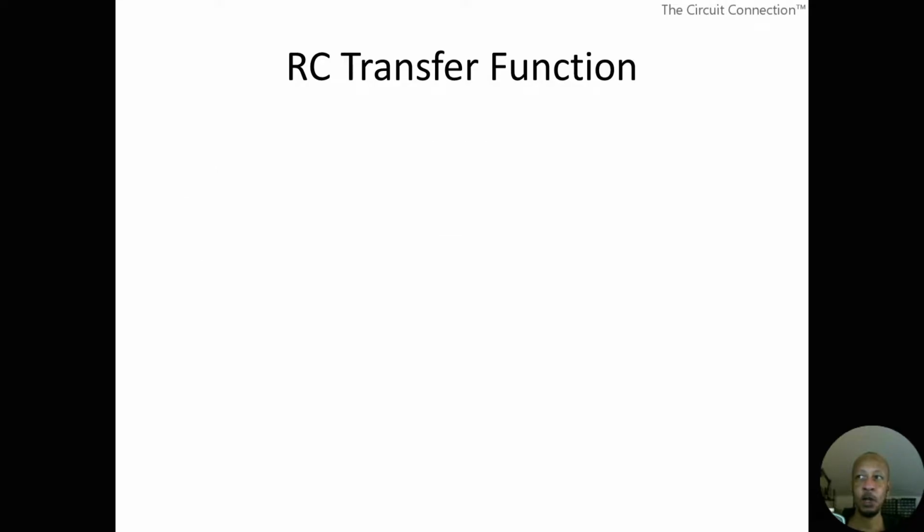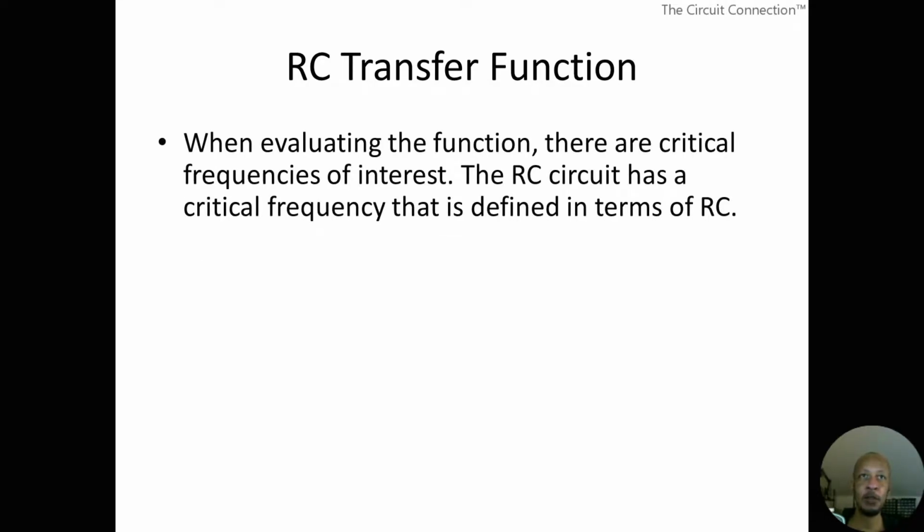So we're going to talk about these critical points so that you don't have too many of them to plot. You just want to get the critical points. You don't want to go through all of that trouble to plot points that don't differ and are not critical, where the function doesn't really change for those given frequencies.